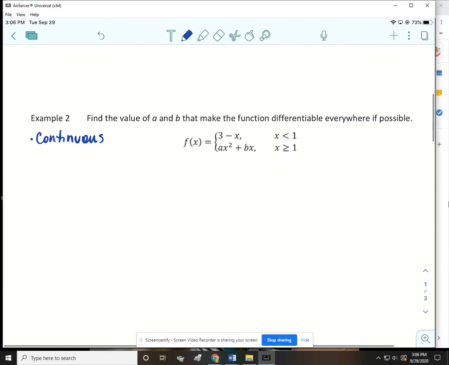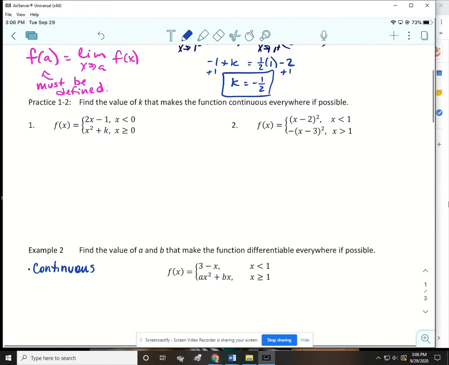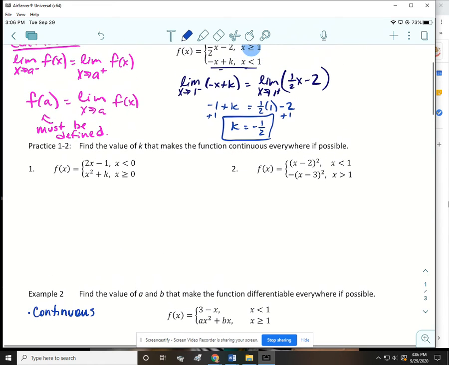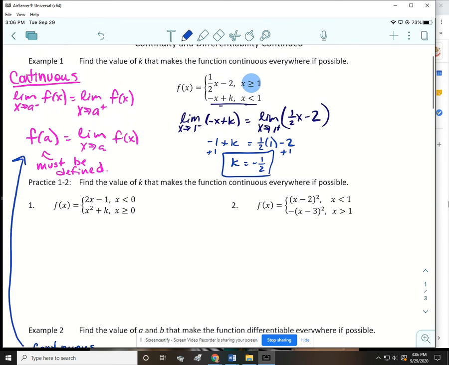And we just wrote down what we needed for continuous. So I'm just going to draw an arrow. So all of that pink stuff has to happen if the function is differentiable at that point.